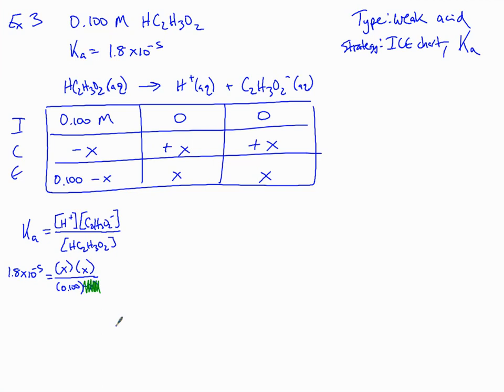So, this is 1.8 times 10 to the minus fifth, multiply the 0.1 over, and we have x squared. So solving for that, square root, and we're going to find that x is, here we go, 1.3 times 10 to the minus 3.